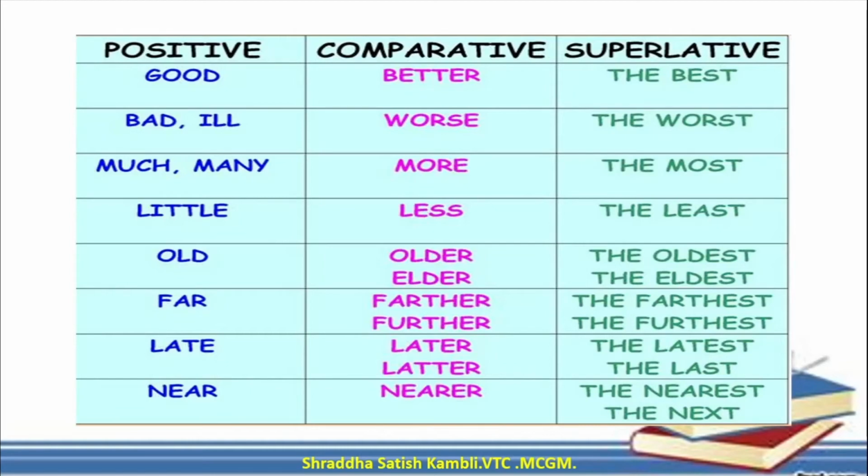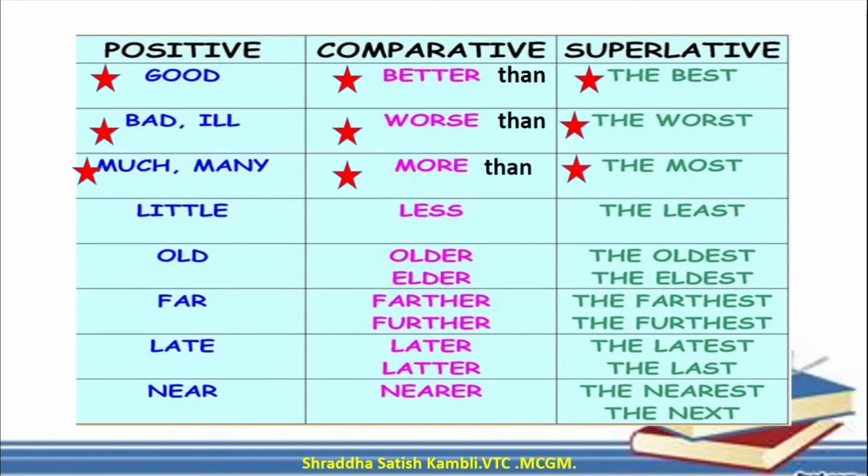So good becomes better than, okay, and the best. Bad or ill becomes worse than and the worst. Much or many becomes more than and the most.